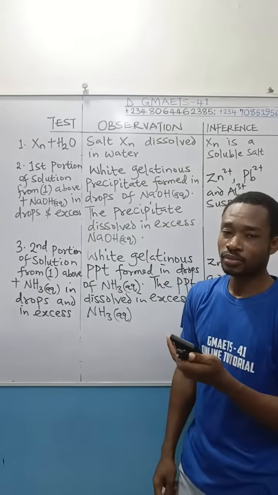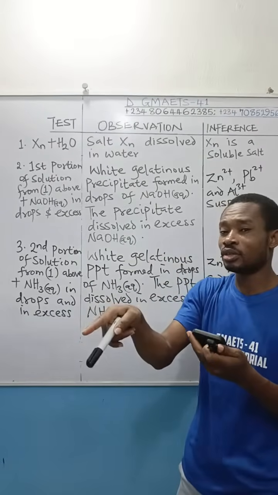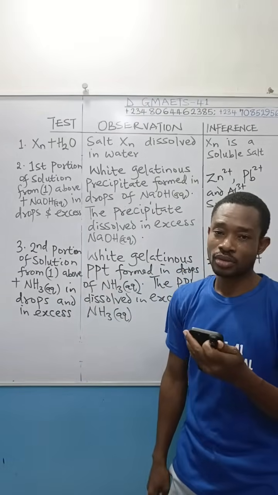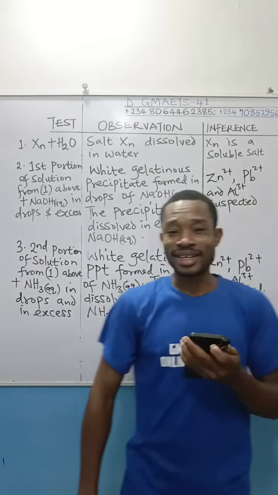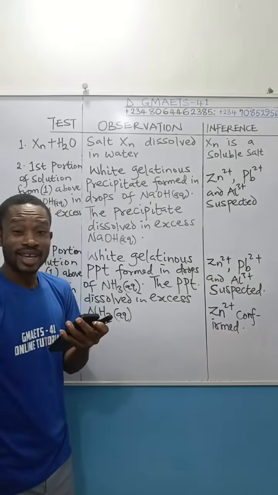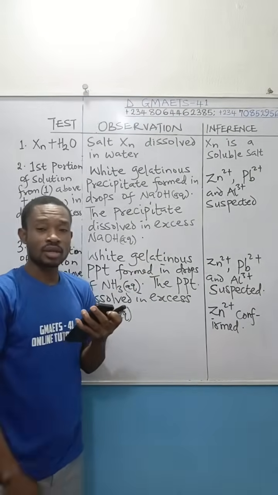It will proceed to the third portion. In the third portion, they will still give you a reagent used to test for cations, and I put it to you that that reagent will be the reagent used to test for lead. That is, if this was not zinc.